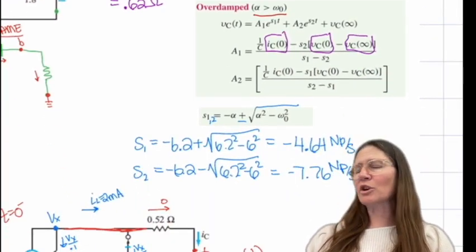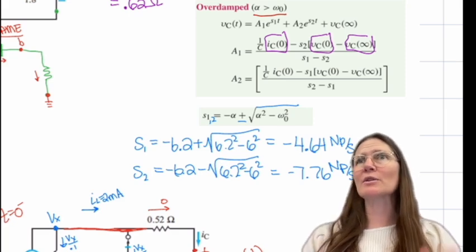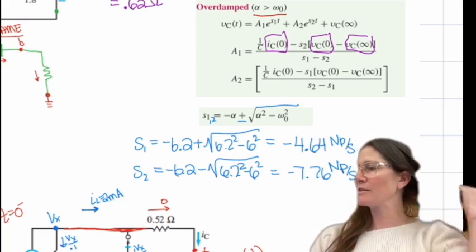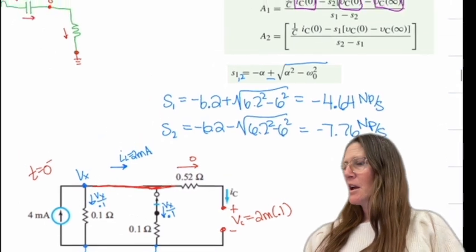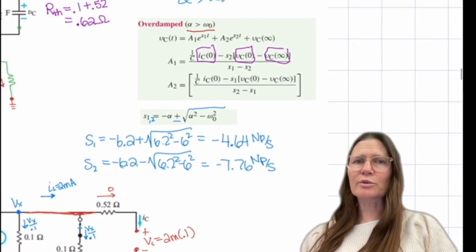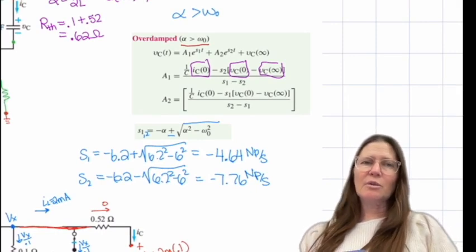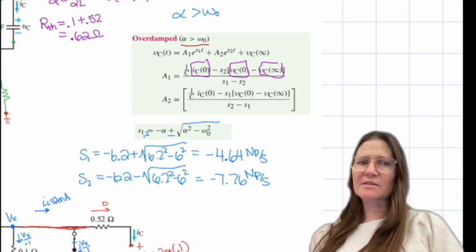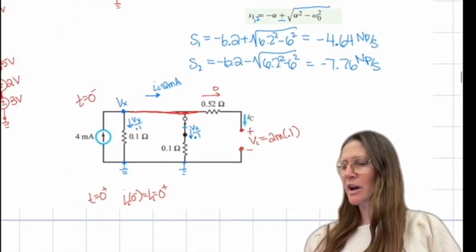And so then we looked at the values for IC0, which is the initial value for IC, and VC and VC infinity. And then this one also had those roots. So remember, overdamped is where you have real roots. And so S1 and S2, we found those two values.